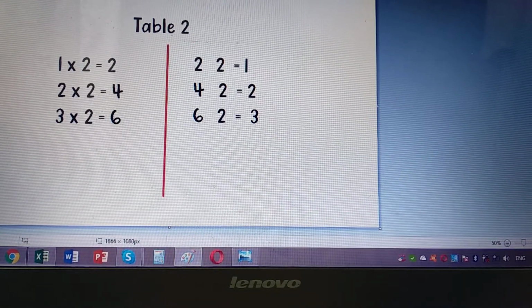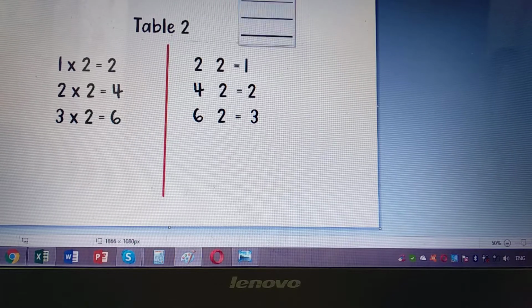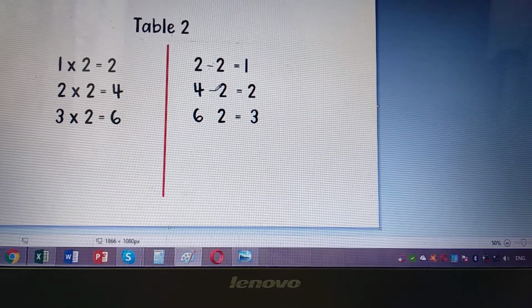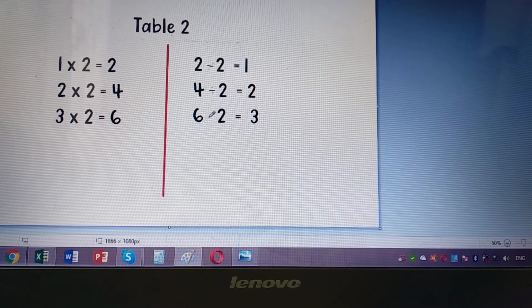Let me draw the symbol as we don't have the symbol here. That's the division symbol.